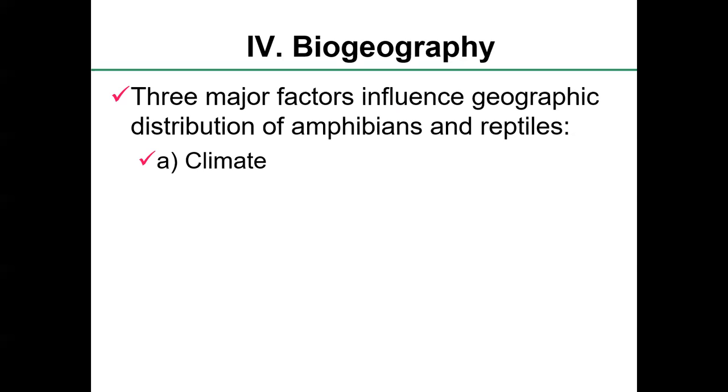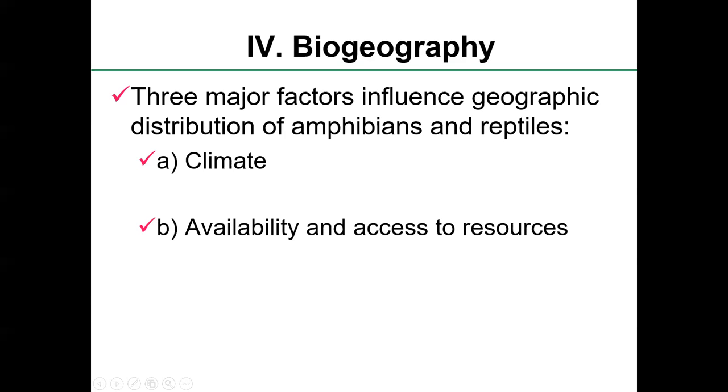And in amphibians, there are three key factors: temperature, rainfall, and their periodicity. So how frequently does it get warm or cold? How frequently does it get hot or dry or wet or dry? So temperature, rainfall, and the periodicity as it relates to climate is a major factor that influences the geographic distribution of amphibians and reptiles.